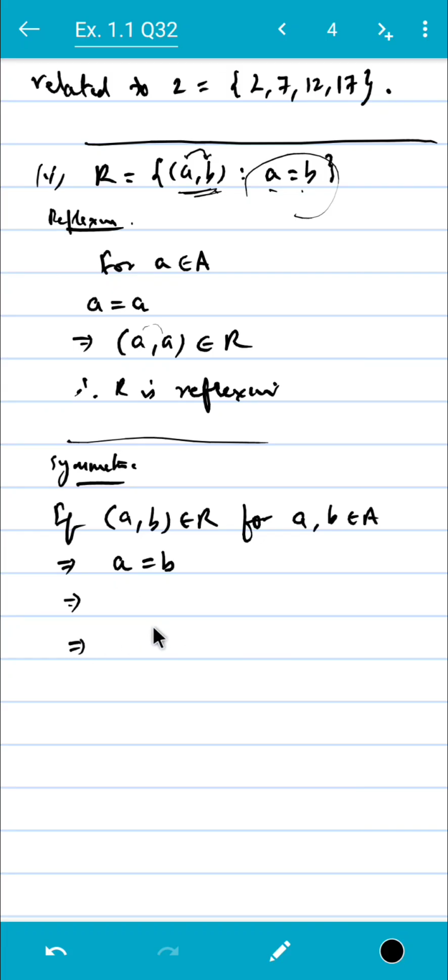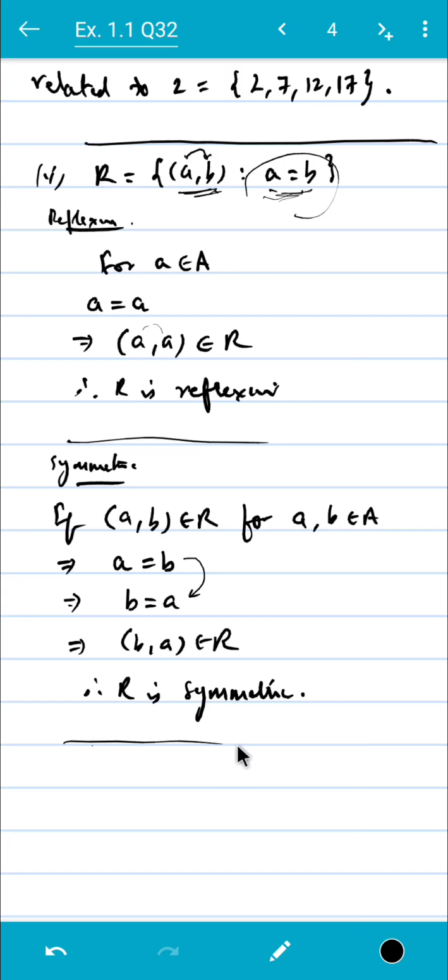And I want to prove here that (b, a) belong to R. Okay, so when will (b, a) belong to R? When b equals a. When we switch the positions of a and b. So from a equal b, can we say that b equal a? So that's obviously true, right? If a equals b, then b equals a. That means this flows logically, and from (a, b) belong to R, we get (b, a) belongs to R. So therefore R is symmetric.